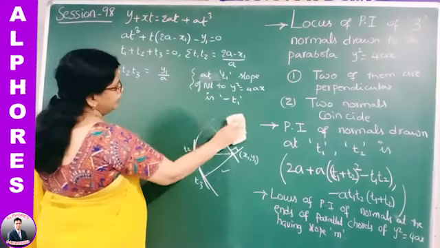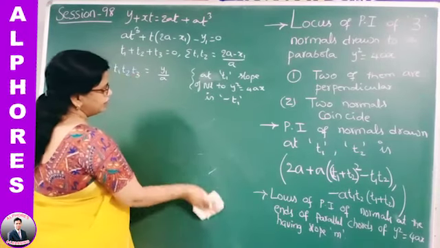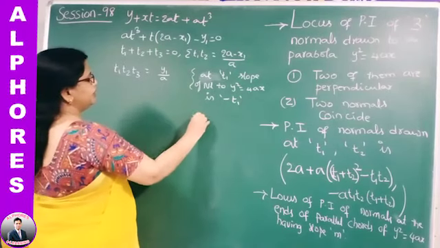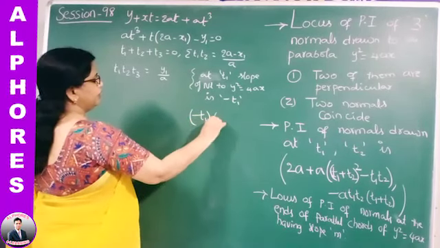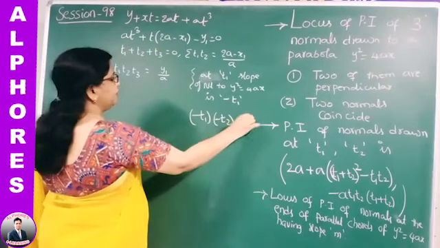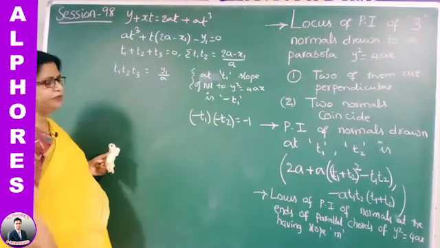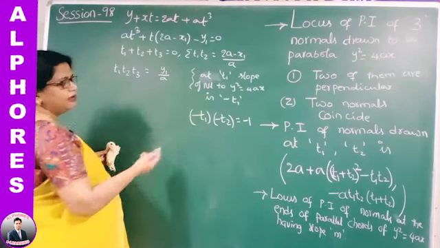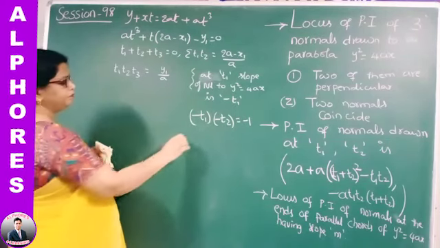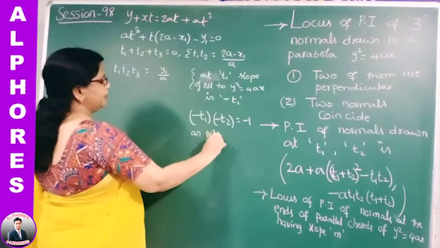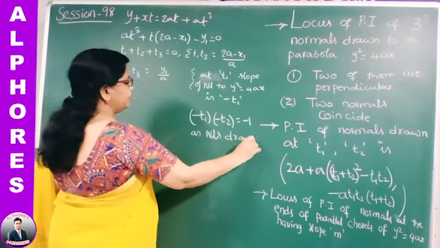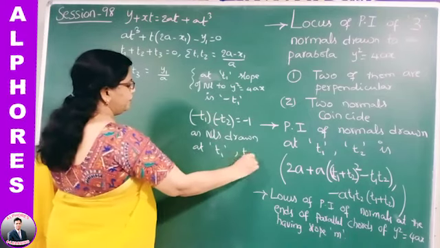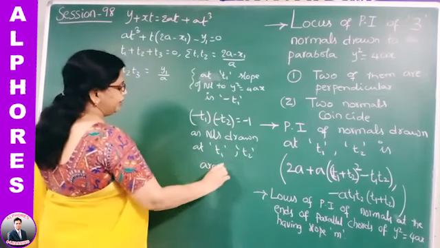Similarly at t2 it is minus t2. Based on the given condition, the product of slopes is minus 1. So minus t1 into minus t2 equals minus 1, because the normals drawn at t1 and t2 are perpendicular.